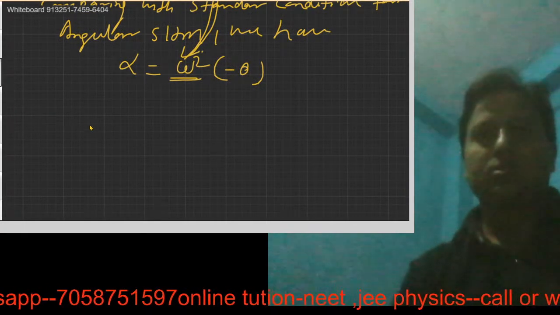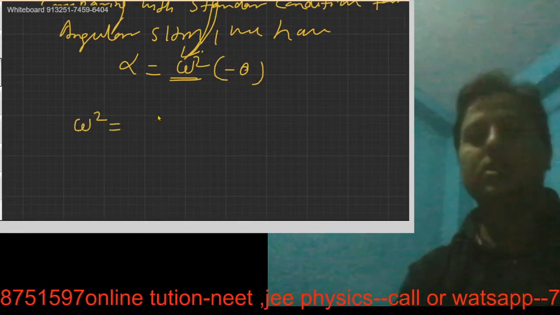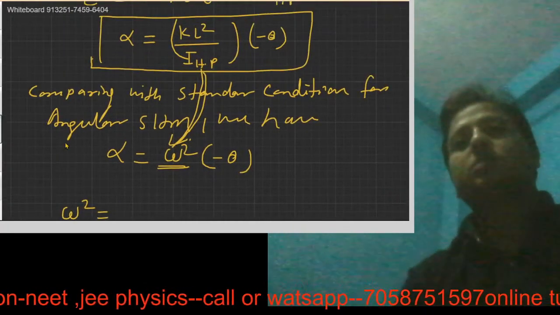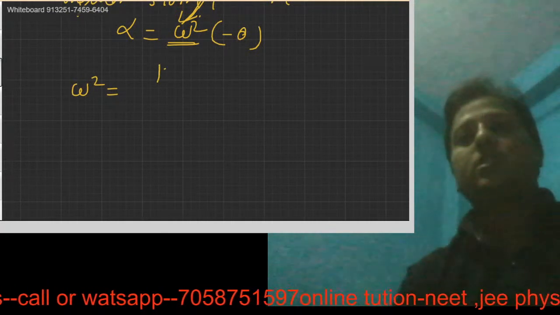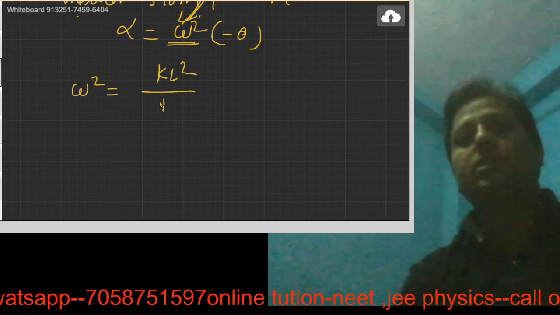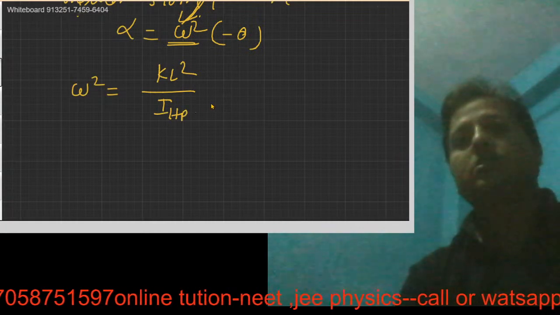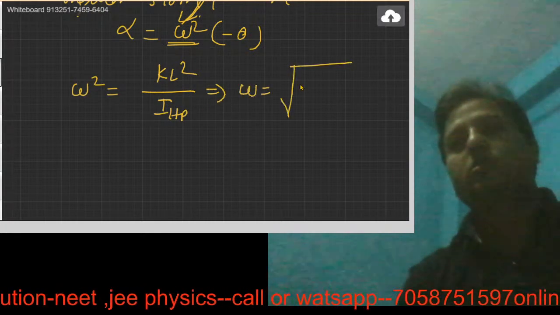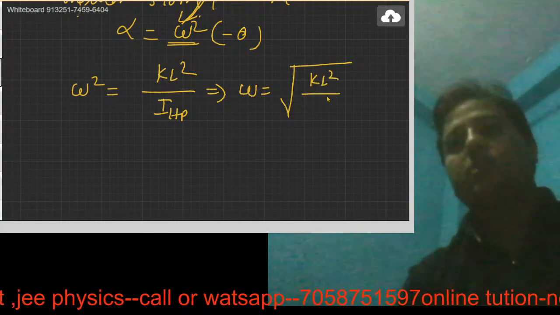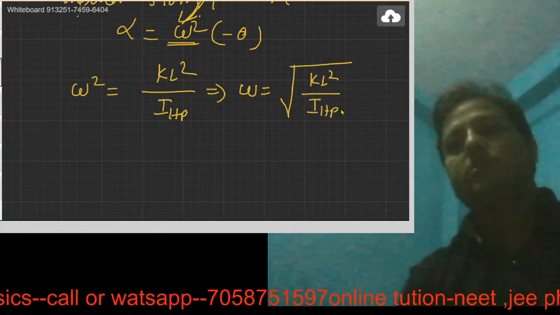So what is omega square? Omega square is kL square over I about the hinge point. It implies omega is under root kL square over I about the hinge point.